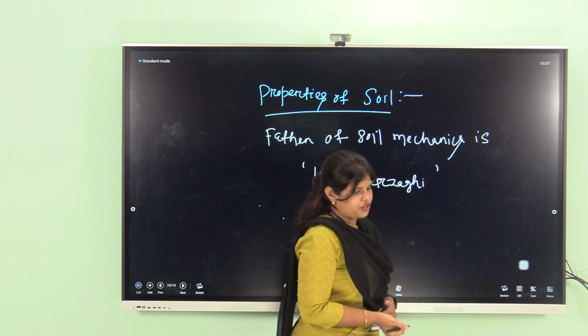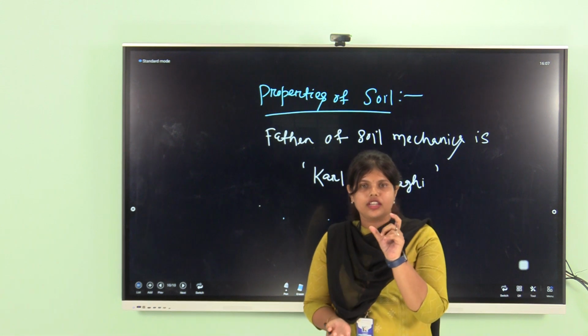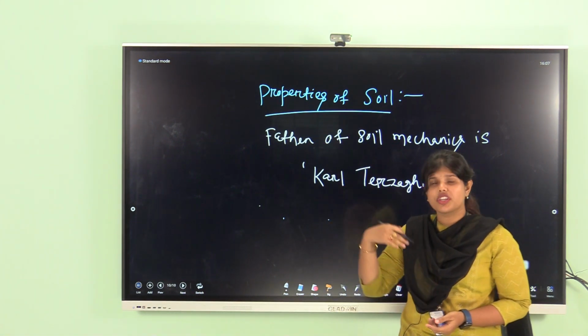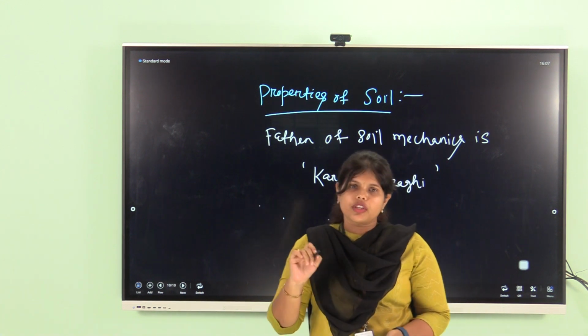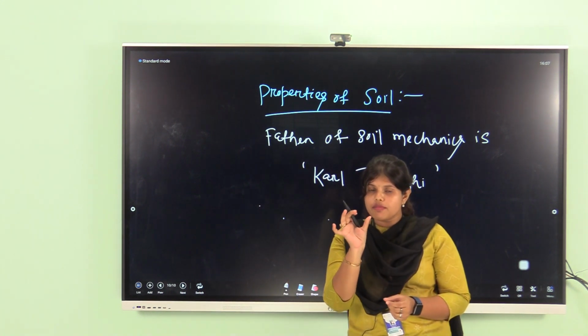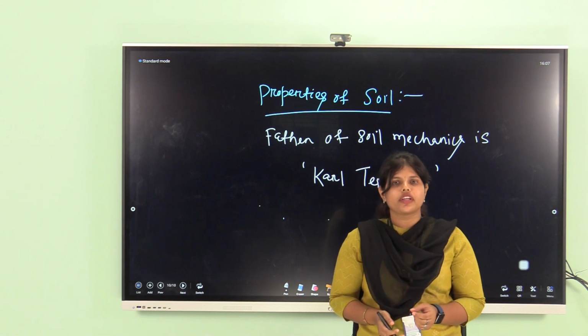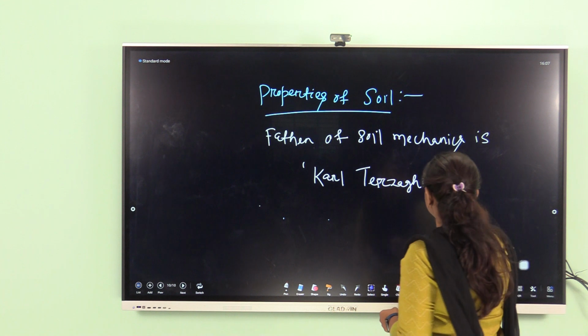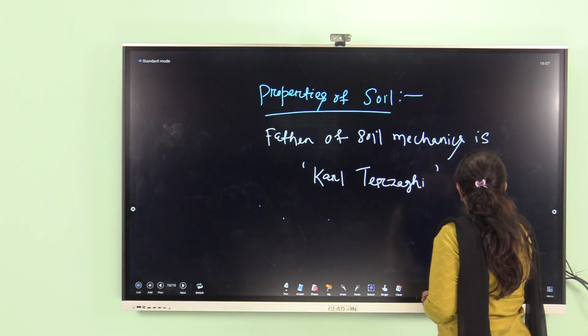He is the person who coined the term soil mechanics. Before the origination of humans, soil originated, but the term soil mechanics and the study of soil mechanics originated by Karl Terzaghi in 1925.